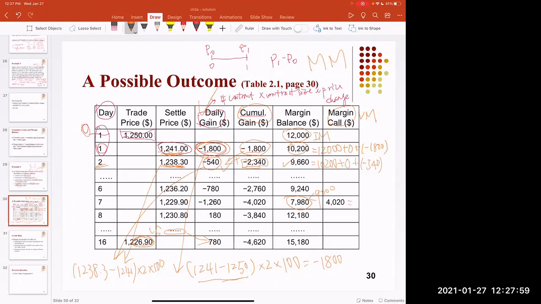Remember, last class I told you how to do it. Initial margin minus margin balance. That's variation margin. Initial margin is 12,000 and the margin balance is 7,980. So the variation margin you should provide is 4,020. You need to provide this variation margin to the account so that your balance is brought back to the initial margin.